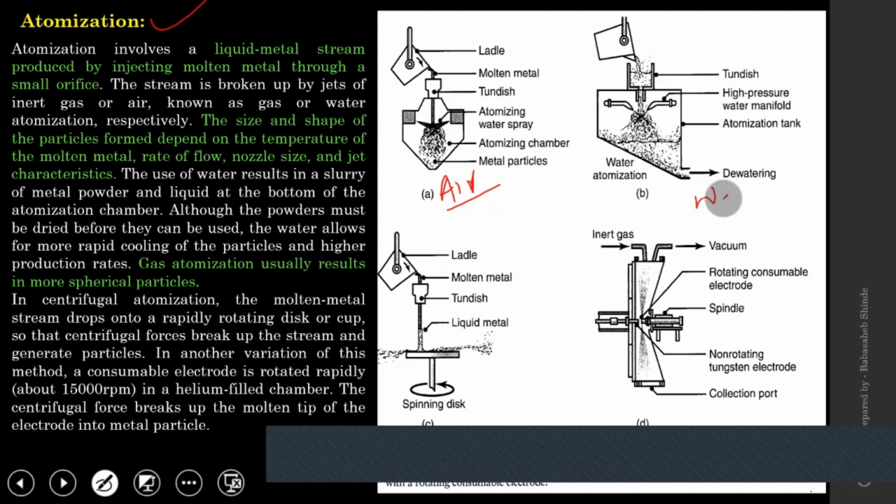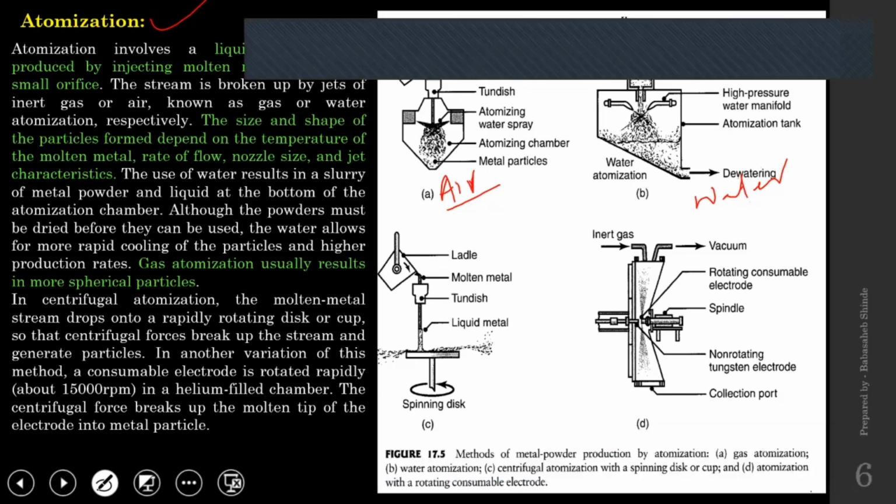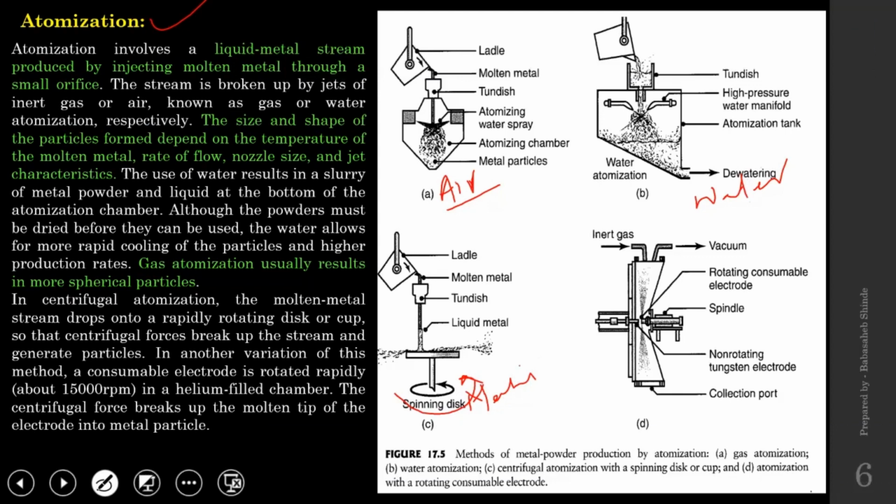In the second technique, water is used as the working fluid. In the third, mechanical force is provided, that is, we rotate a disc. The fourth is similar, but instead of rotating a disc or some additional part, we rotate the part which is being melted. Let's discuss all these techniques one by one.